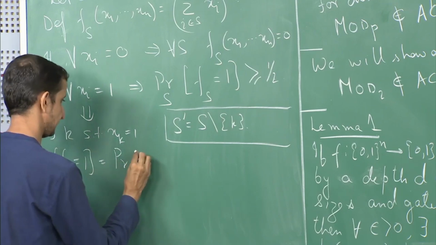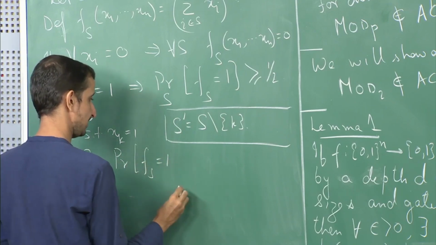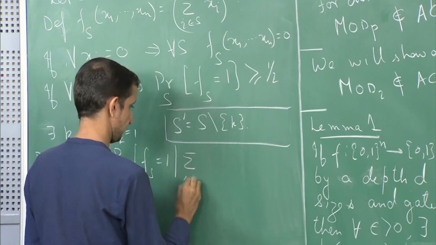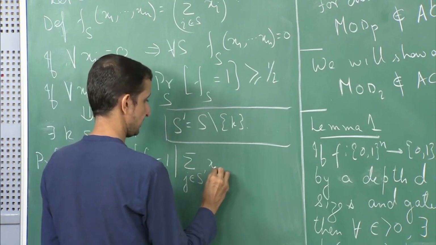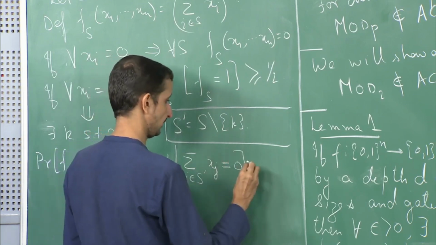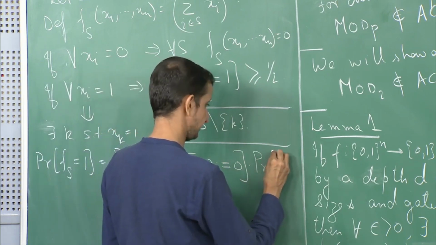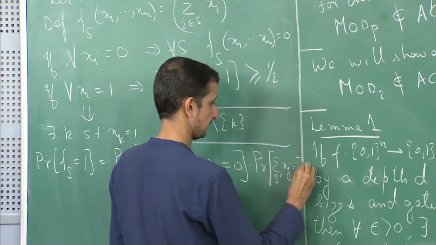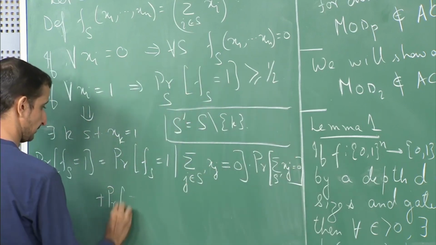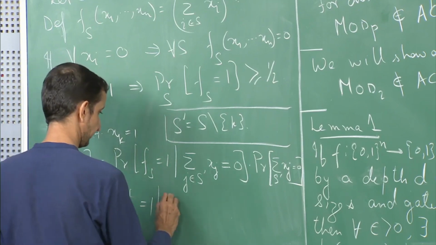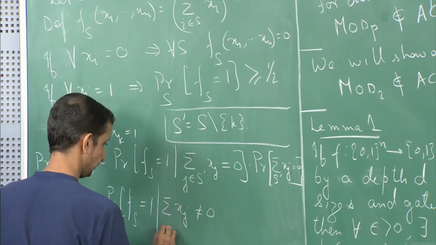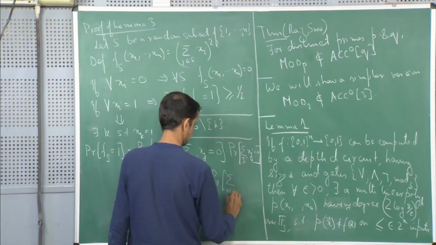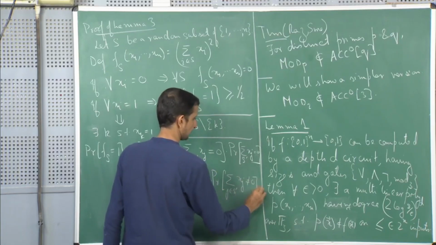So, the probability that f of S equal to 1 given sigma j belonging to S prime x_j equal to 0, times the probability of this event, sigma over S prime x_j equal to 0, plus the probability f of S equal to 1 given sigma x_j is non-zero, j in S prime, times the probability of this.